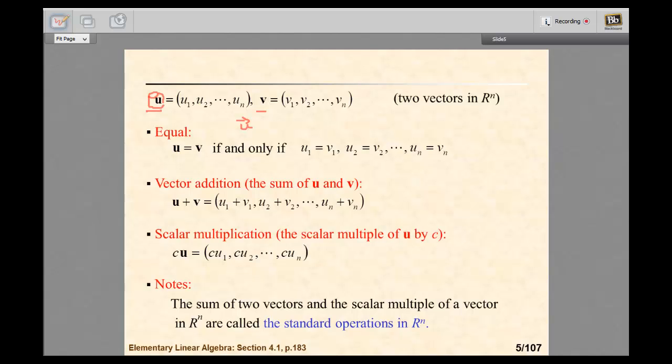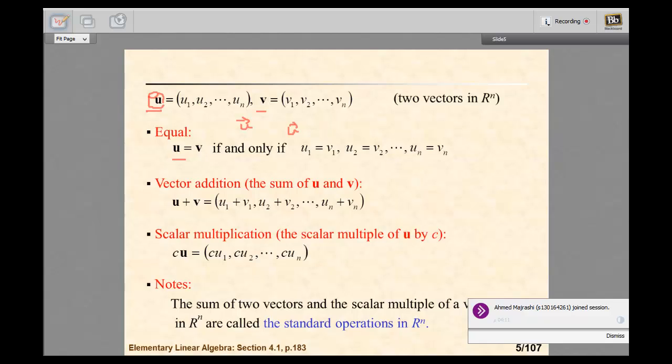In some books they write u bar and v bar, but we are talking about bold capital V.